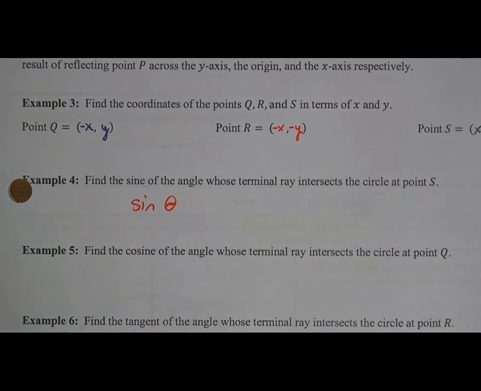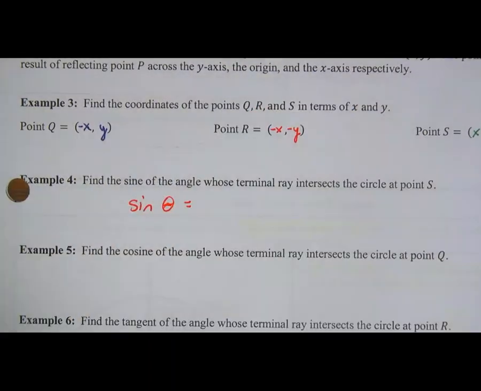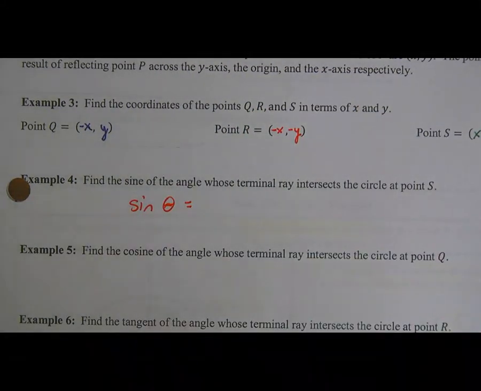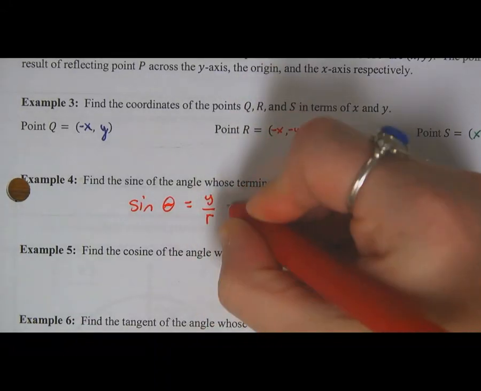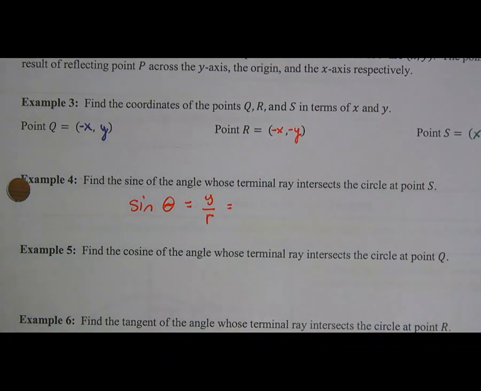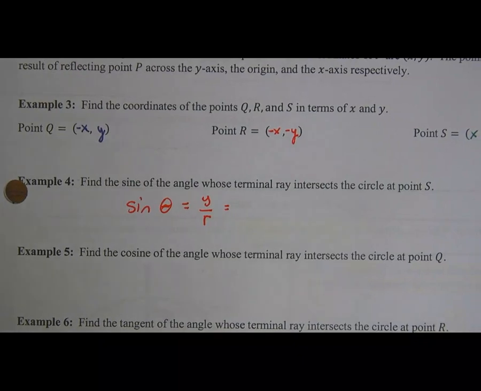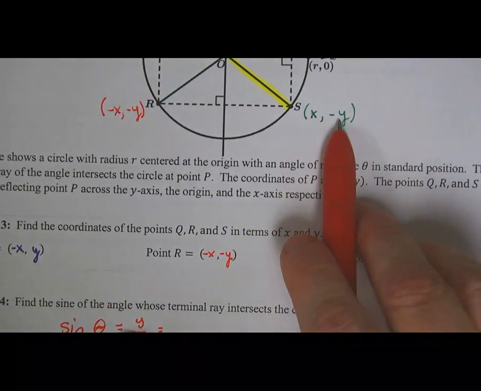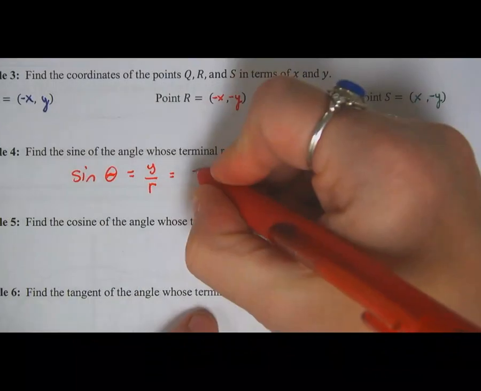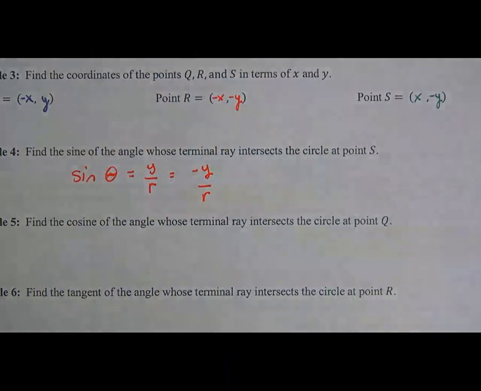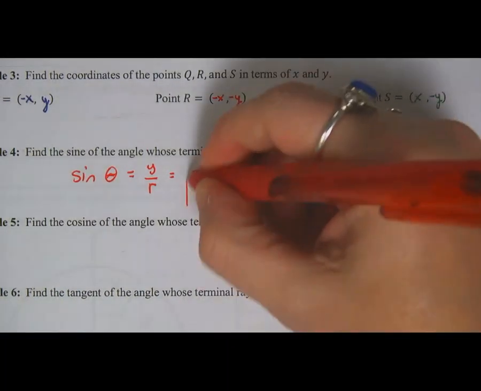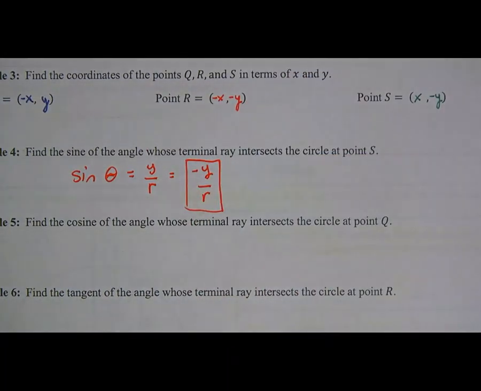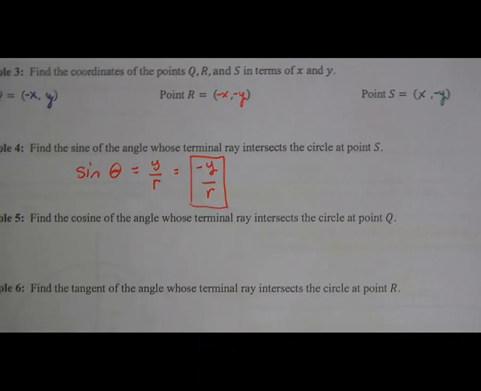Sine of theta, by definition, is y over r. We don't know the radius, but we do know the y value of point S is negative y, over radius, which we're just going to call r. That's it. We're just practicing with the ratios, setting up the fractions.